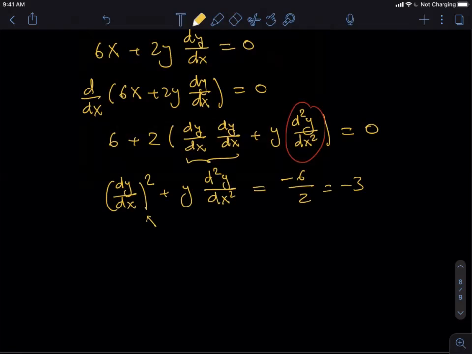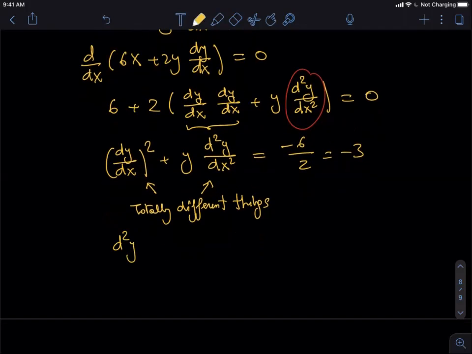Now, one comment. These are totally different things. The one on the left, dy dx squared, is the square of the first derivative. The one on the right, d squared y dx squared, is the second derivative. So these two things are completely different.